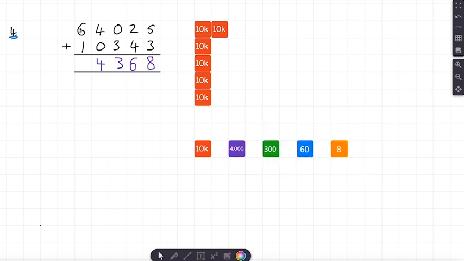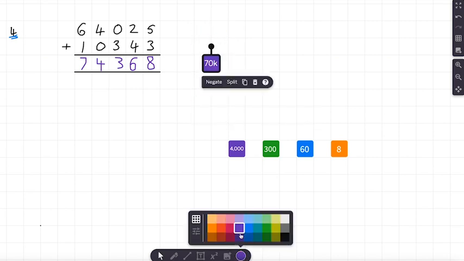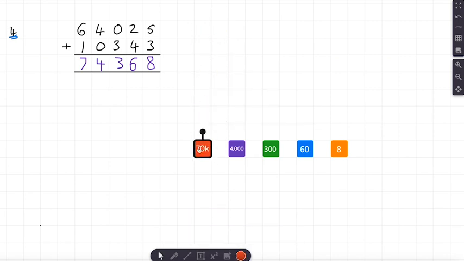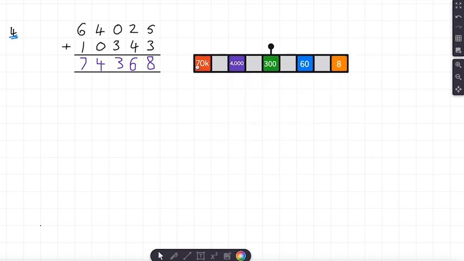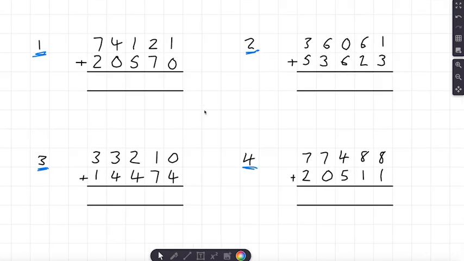And for the 10,000s, we have 6 plus 1 is going to give us 7, or 60,000 plus 10,000 gives us 70,000. And you can see there's the 70,000. We'll just merge it together, and we have our total, which is 74,368. Right, now it's your turn to have a go, work through these 4 questions, and then we'll go through the answers.